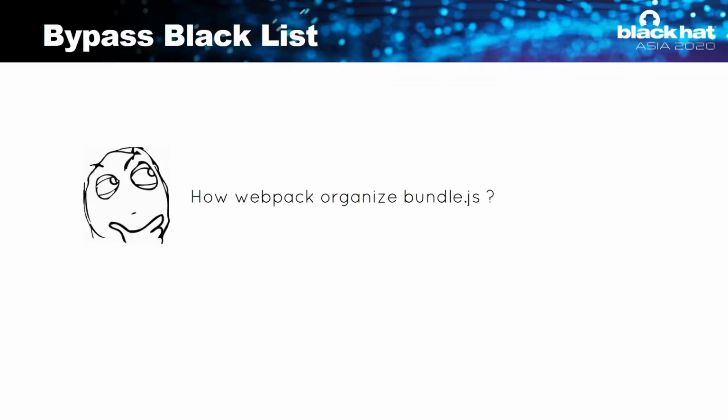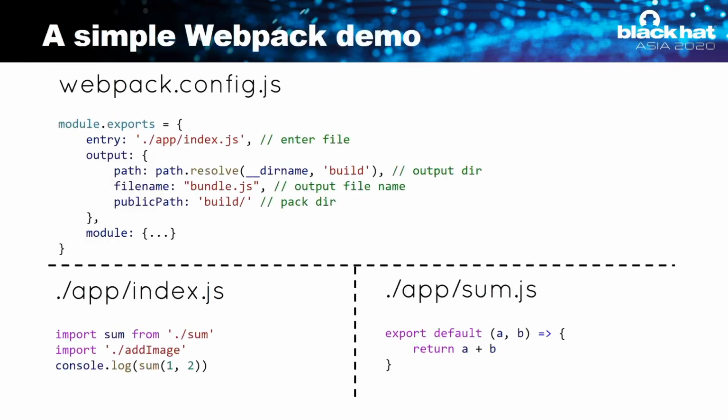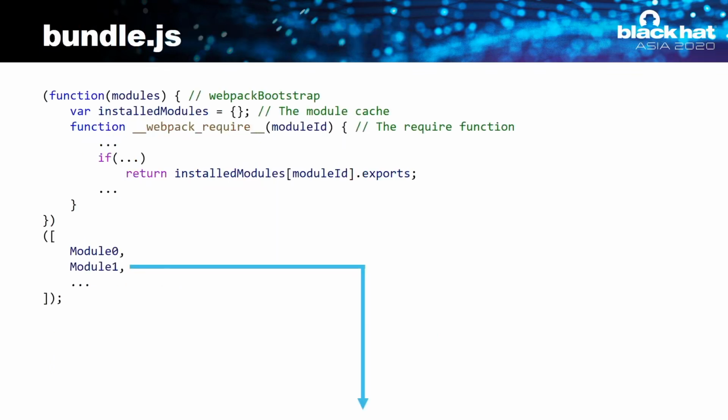As I just said, the sandbox is based on Webpack, so how does Webpack organize its JS bundles? That's a demo of a simple Webpack project source code. It has three main source code files: webpack.config.js, index.js, and sum.js. After packaging, the files index.js and sum.js will be packaged as two modules into bundle.js.